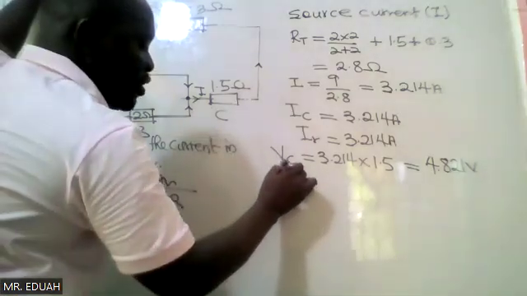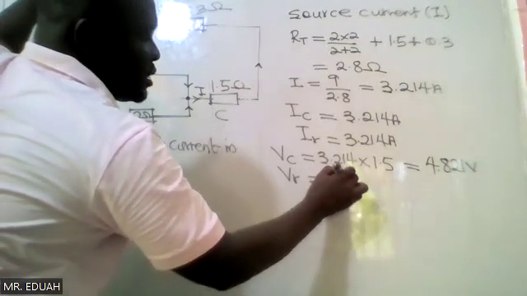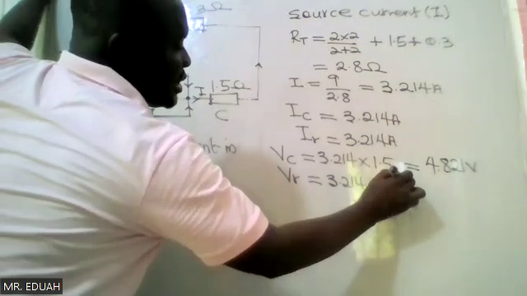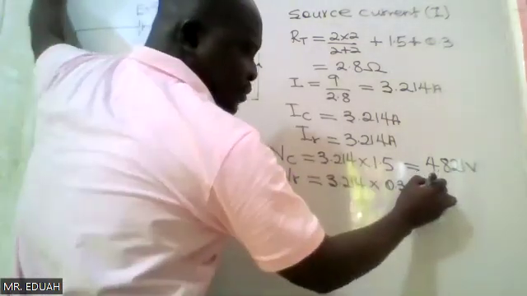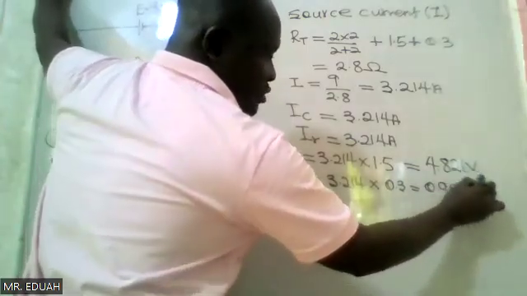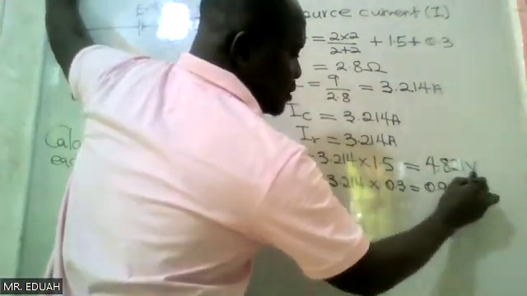Then V, the lost volt, would also be 3.214 times 0.3, and that is 0.9642 volt.